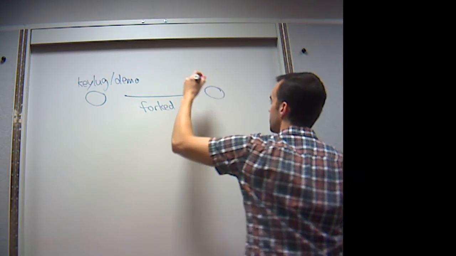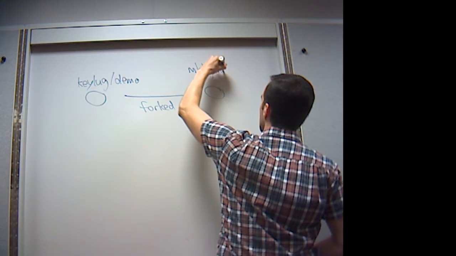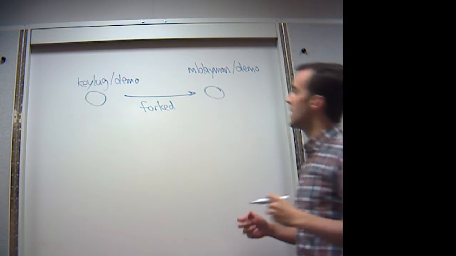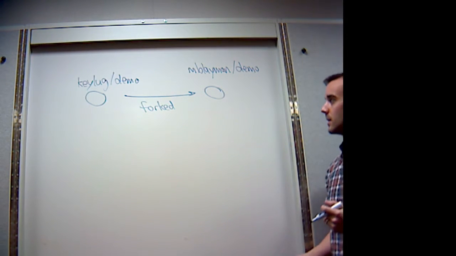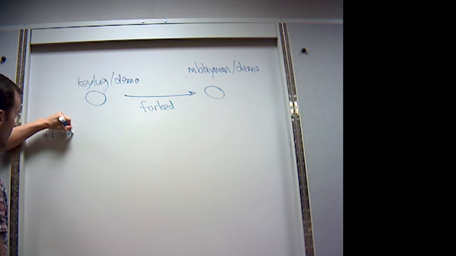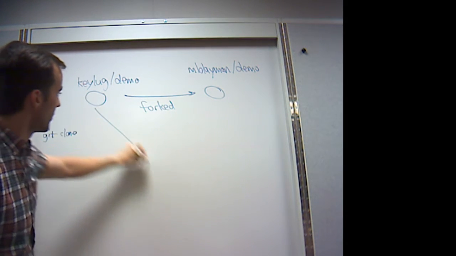So now I have MB Layman demo. Step 2 is I run git clone. I haven't showed you that command yet, but that's the command. And I pull this down.